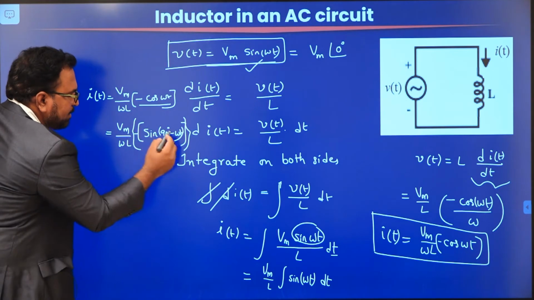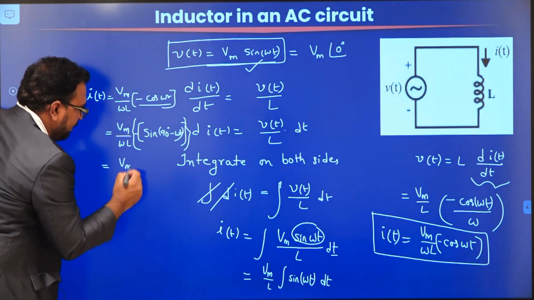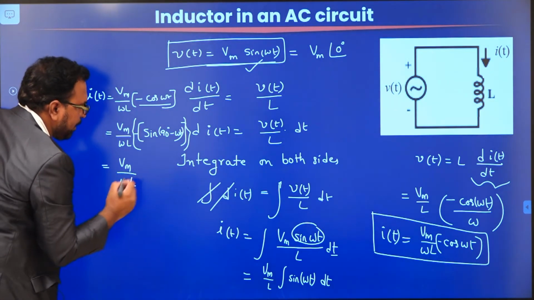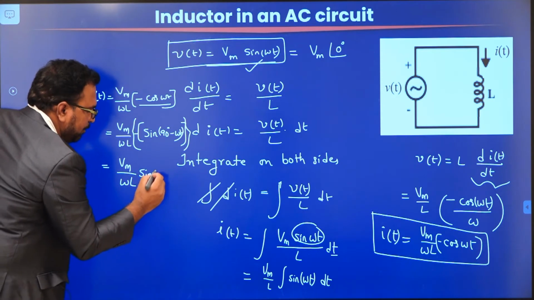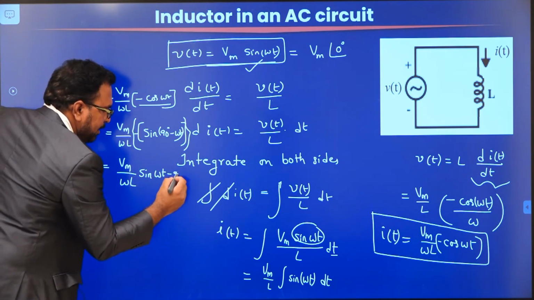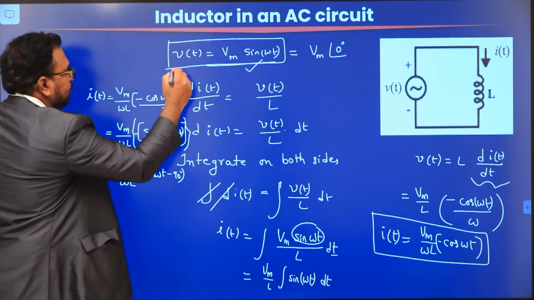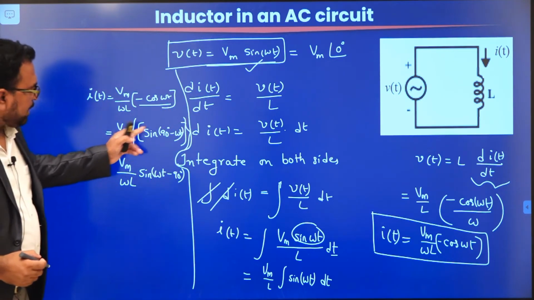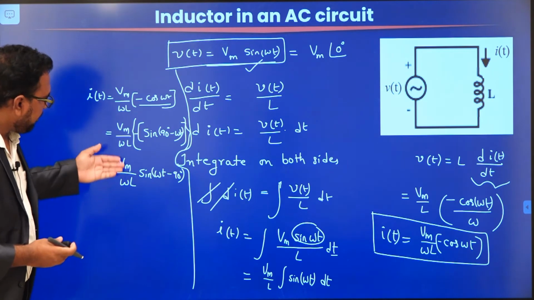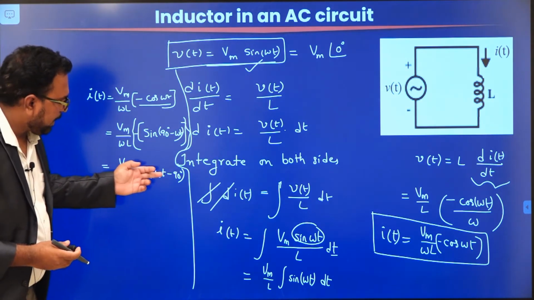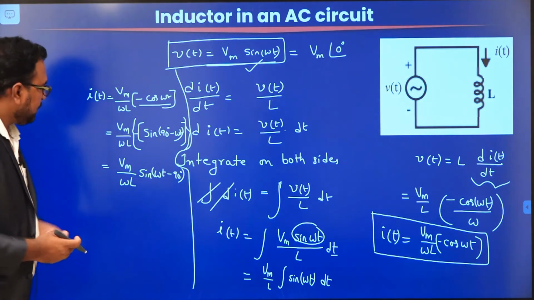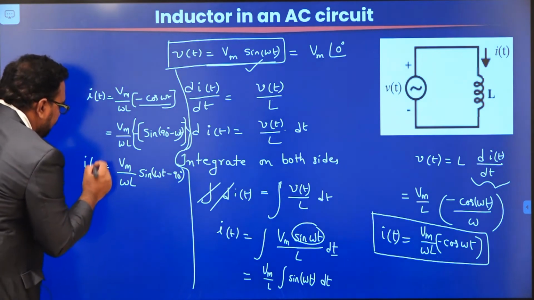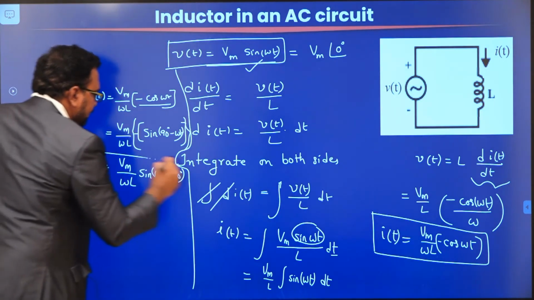Now if you take the minus sign into the sin term, we get Vm by omega L into sin of omega t minus 90 degrees. This is how we calculate the current.